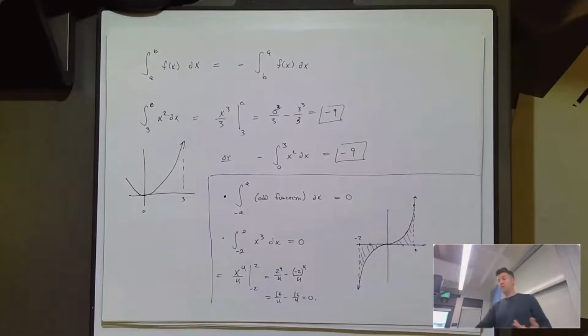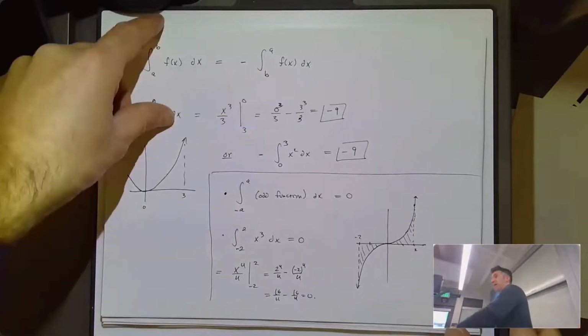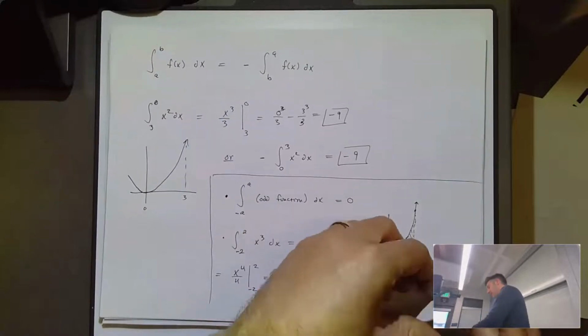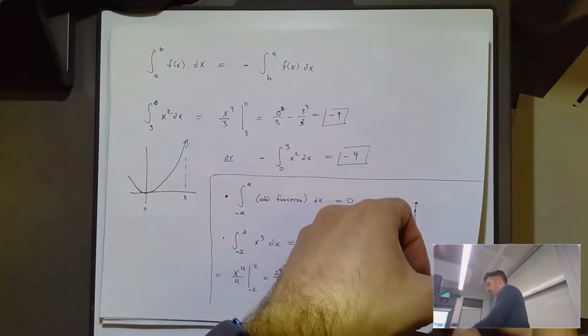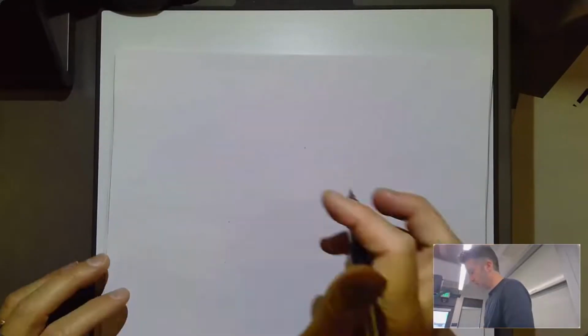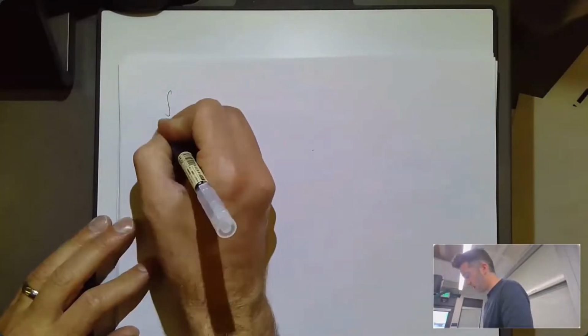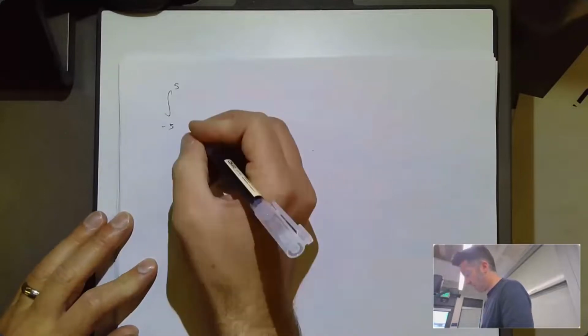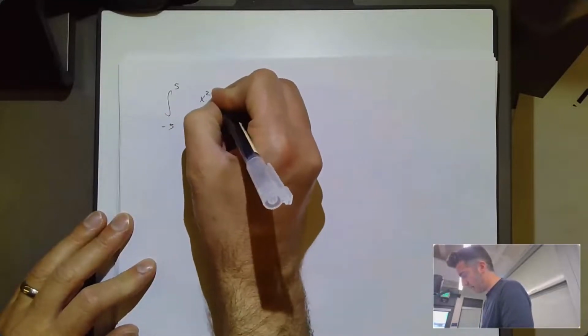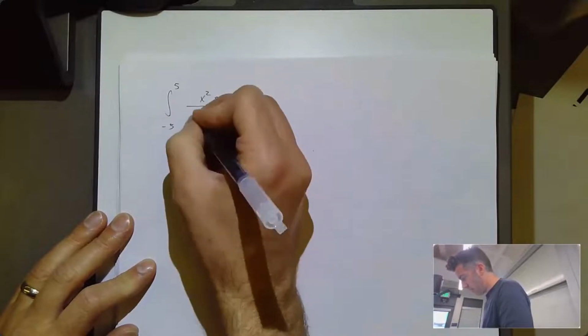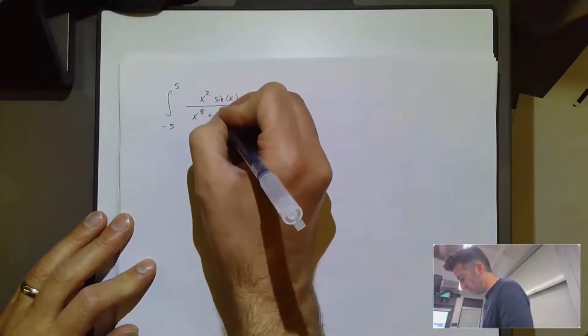Now, the reason this is sometimes useful is because someone might ask you something terrible. Someone might say, find the integral from -5 to 5 of x squared sine of x over x to the 8th plus 9.